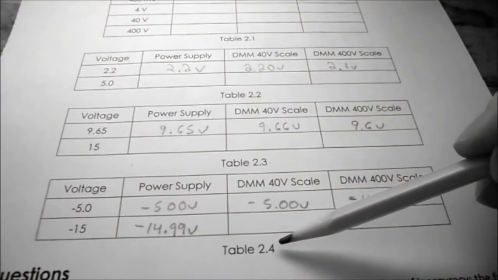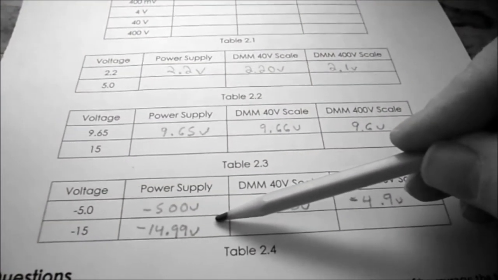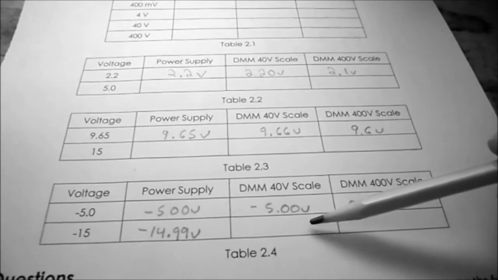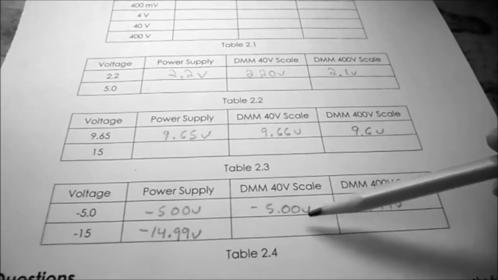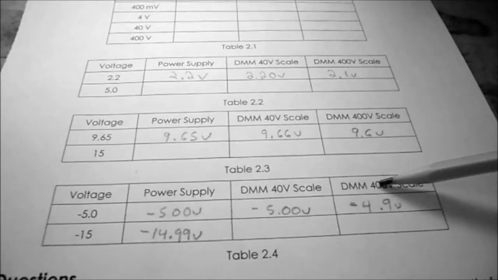So in table 2.4, record your reading from the meter from the Agilent power supply, and then from the digital multimeter on the 40 volt scale, and then from the digital multimeter on the 400 volt scale.